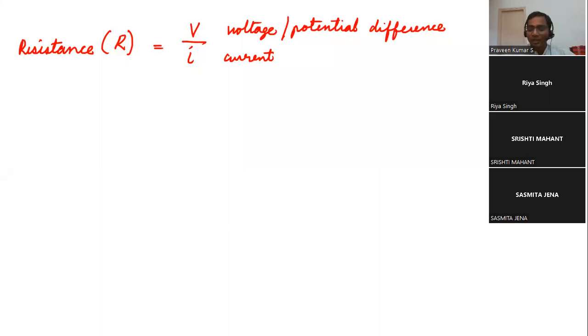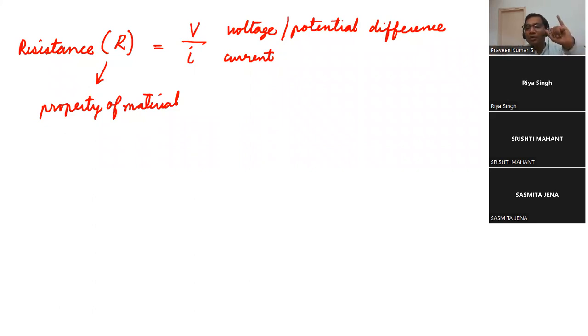Yes, sir. So when you are measuring these two, there is a ratio which is called resistance, which is nothing but a property of a material. This means that just because you are applying the same potential difference, it will not produce the same current in different materials or different wires.